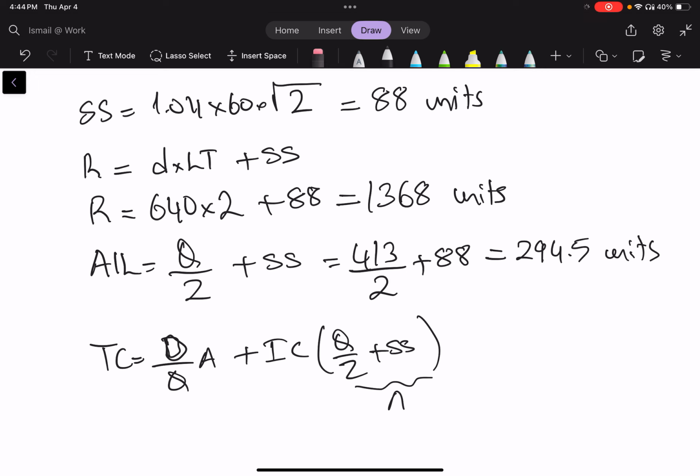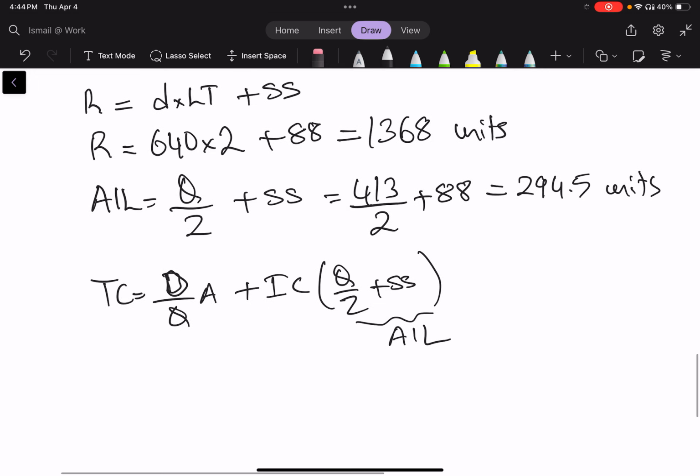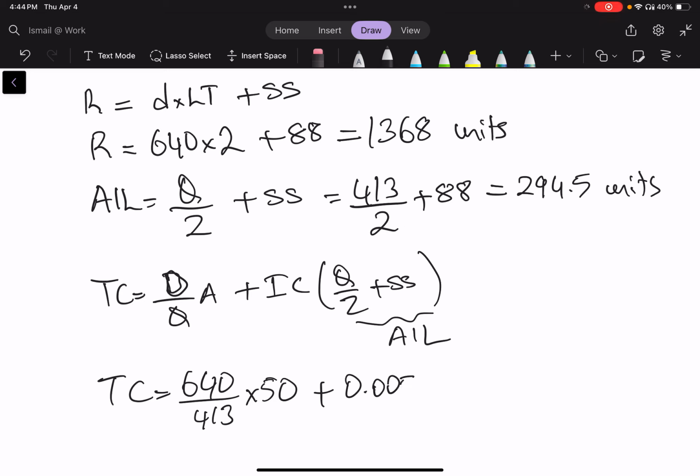Remember, this is the AIL I just calculated. So my total cost is going to be 640 divided by 413 times 50 plus 0.005 times 75 times 294.5.